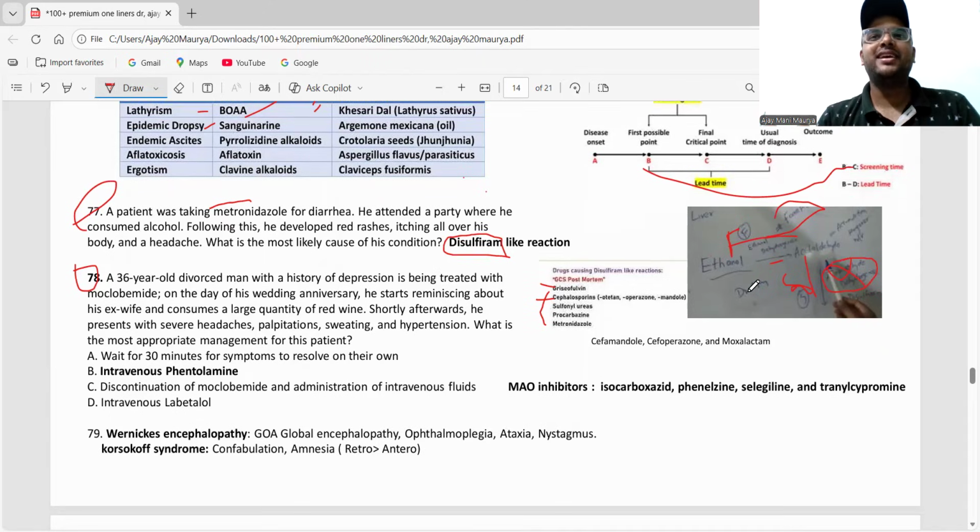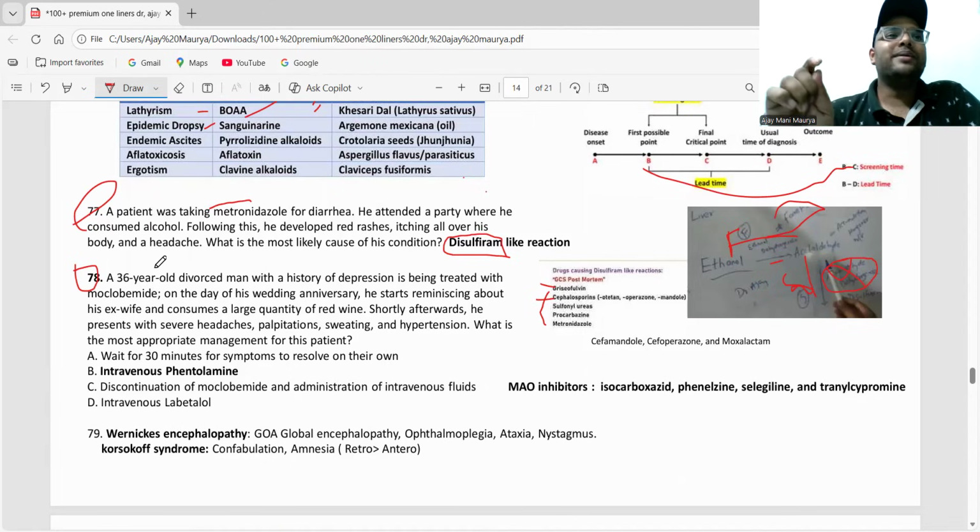Next one. See here. That's why I say read the question properly. A 36-year-old divorced man, history of depression, is being treated with moclobemide. I don't know this drug.